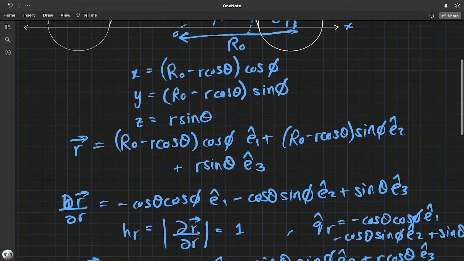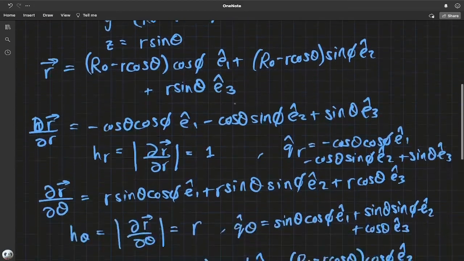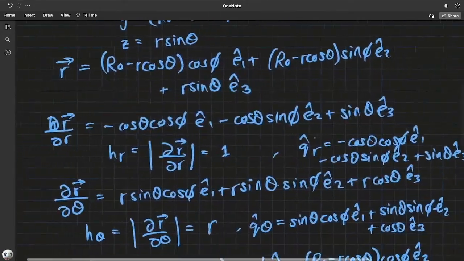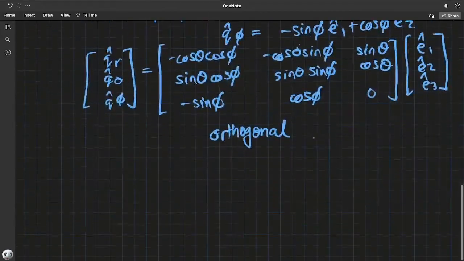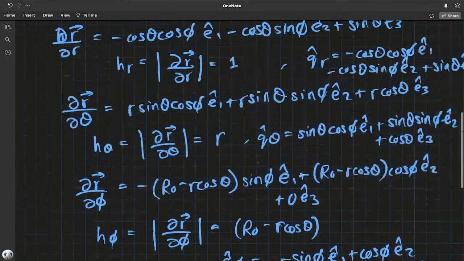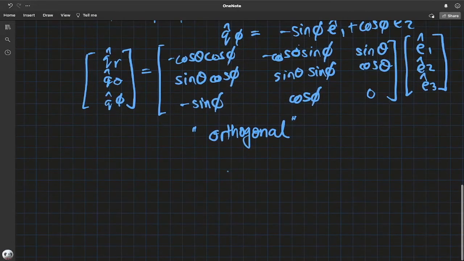As long as you can express each basis vector as a linear combination of Cartesian basis vectors, you have hope you can convert that into an orthogonal system by using this process and then normalizing it out.